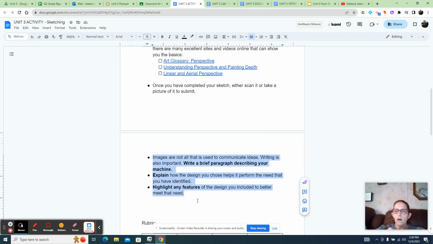Then I'm going to draw the spoon, and then I'm going to draw the velcro strap, right? And then I'm going to write a report that describes what it is I made and why I made that. And then I'm going to highlight the features of the velcro strap. Does that make sense? Hopefully that makes sense. Okay. So you can create anything you want as long as it has a person or a client in mind and a need in mind. Okay, that's what this is for.